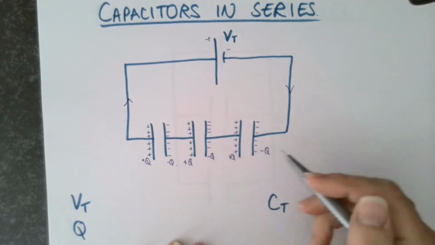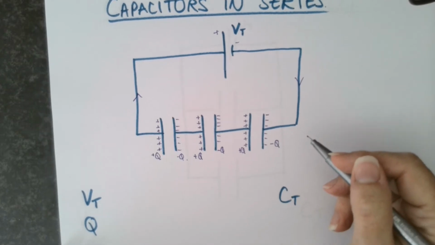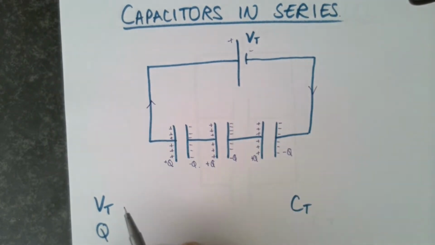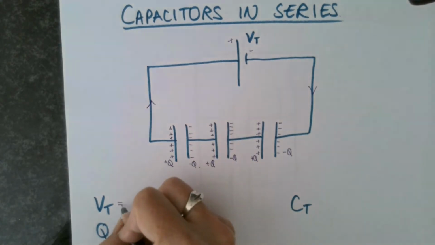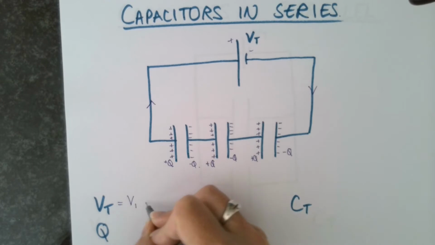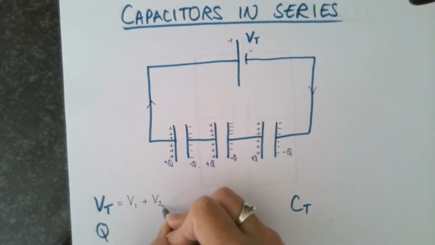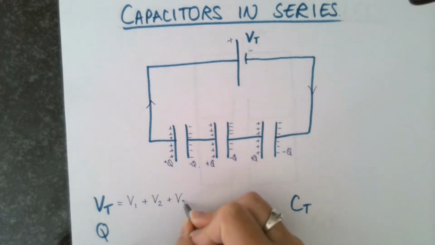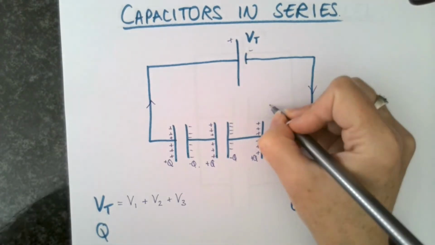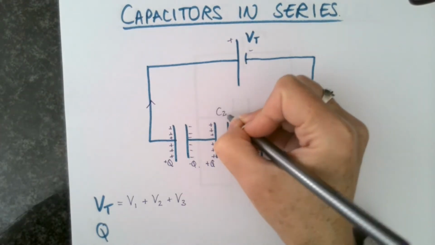So what do we notice? Let's have a think about what's going on. We know that in series circuits, from Kirchhoff's second law, the total voltage is equal to the sum of the voltages across each component. So if this is our capacitor 1, capacitor 2, capacitor 3.